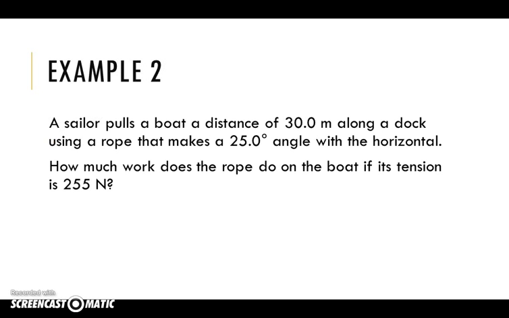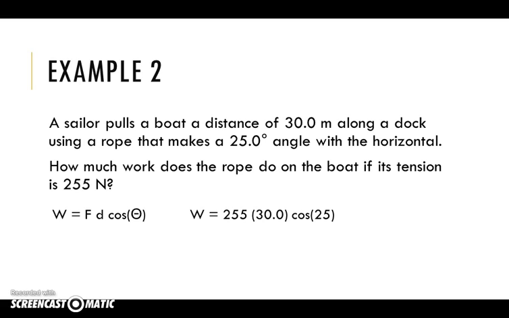Now continuing on, I want to give you another example, where we do actually involve that theta. We still have the same formula, W equals F D cosine theta, but now we have more to plug in. We have 255 newtons. That's our force, because it says a sailor pulls a boat a distance of 30 meters along a dock using a rope that makes a 25-degree angle with the horizontal.